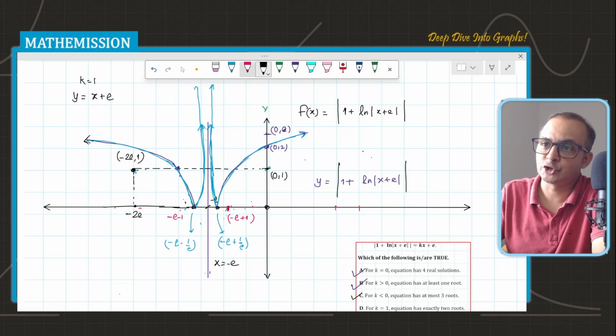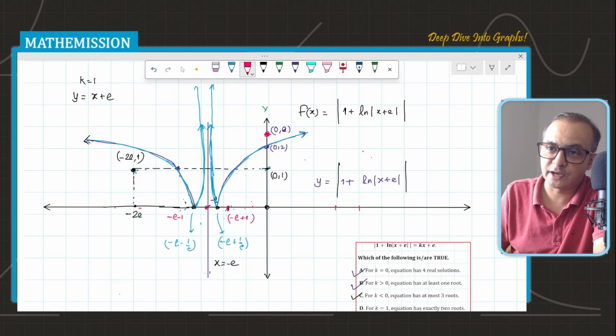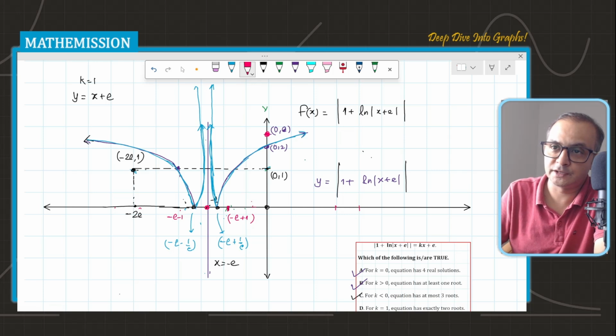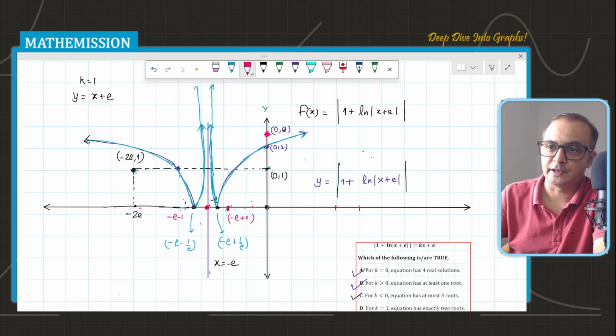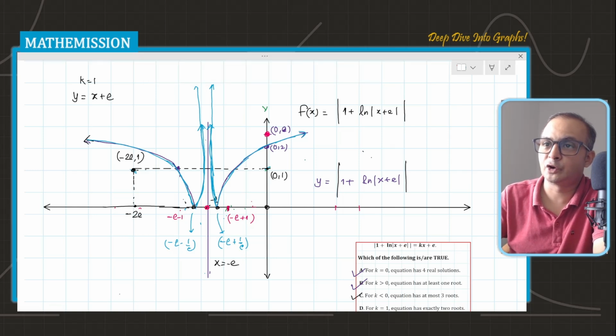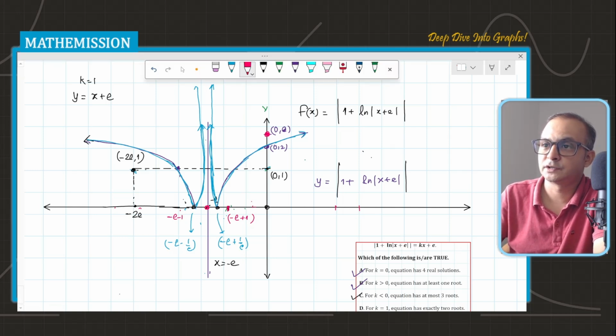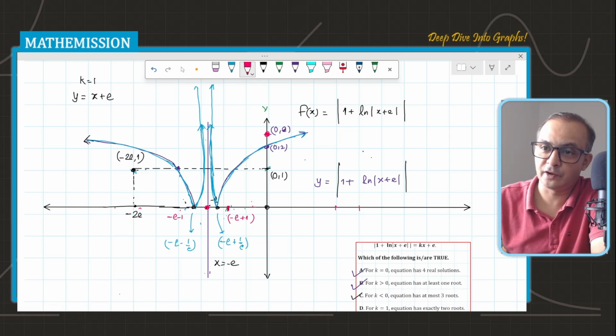So the line should pass through 0 comma e. It is already there, but also this time negative e comma 0. So it is the point where the asymptote is hitting the x-axis. So the line will look like, because it's not just all the lines, it is a unique line. So we can draw the graph like this.